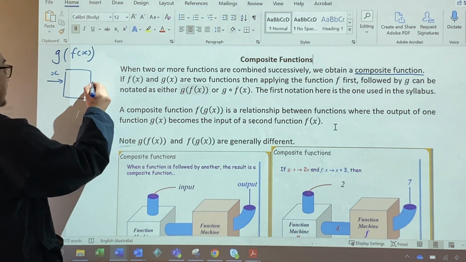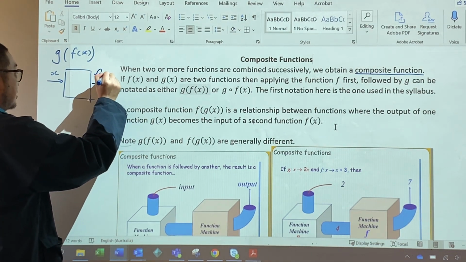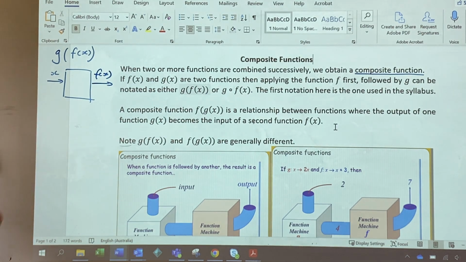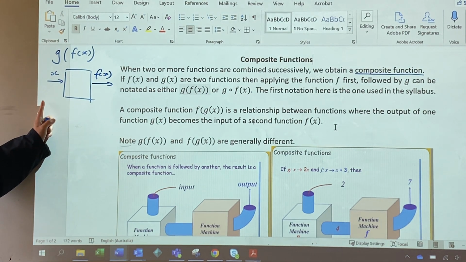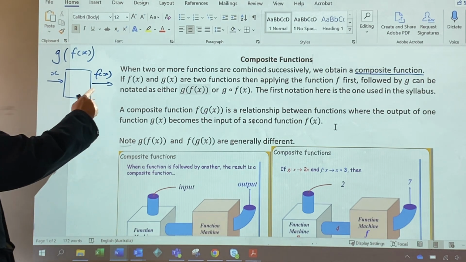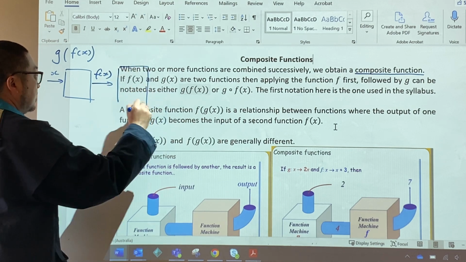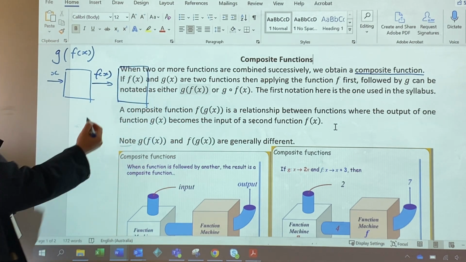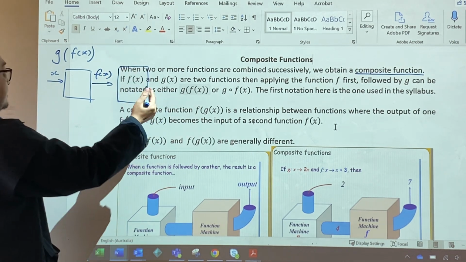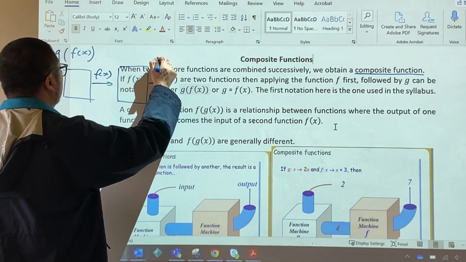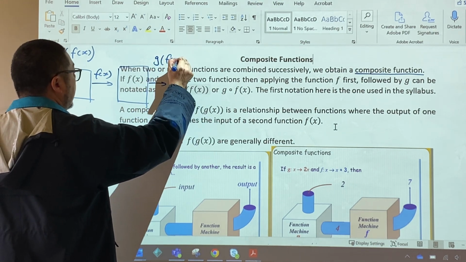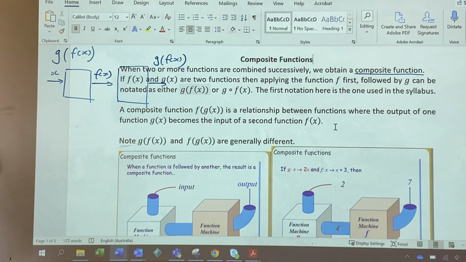Then we get an output of f of x. Today is one more step after that. We put that output into another expression, whatever that expression is, we perform it, and we get the output, g of x. That's it.